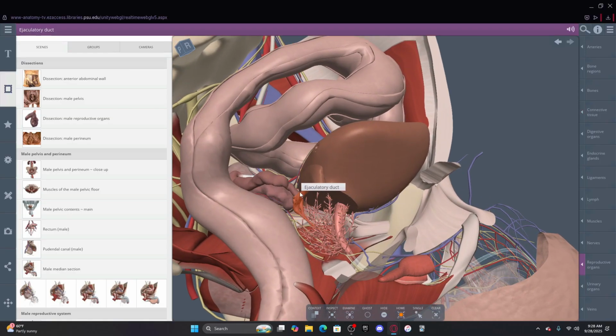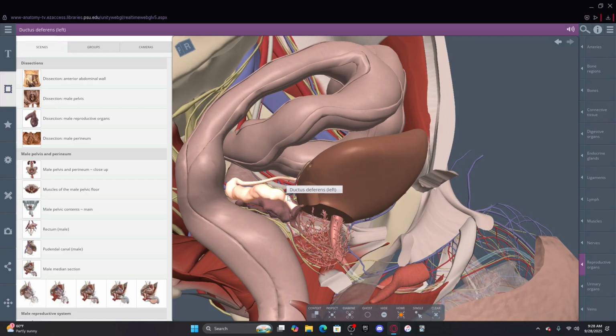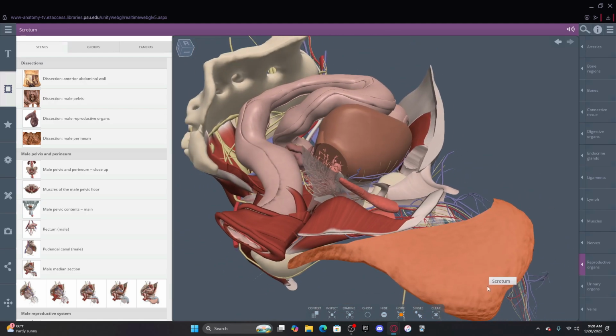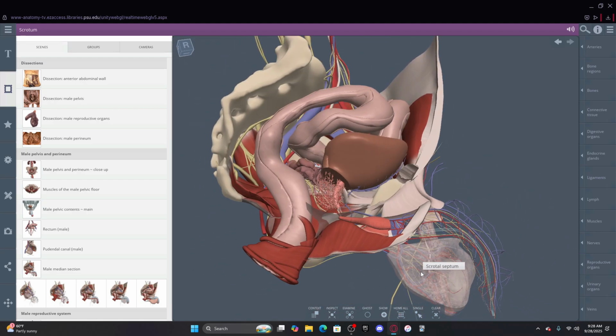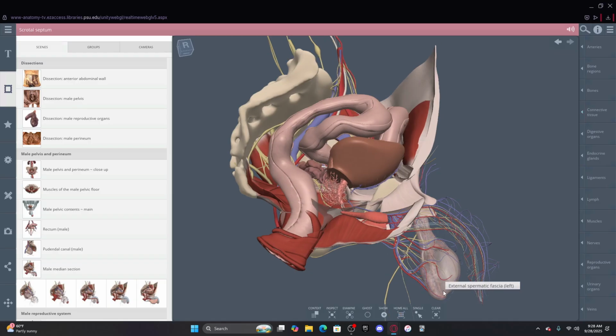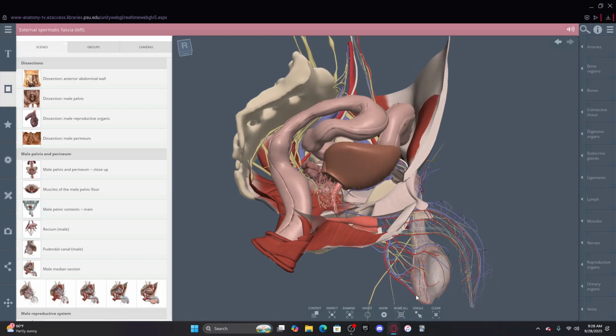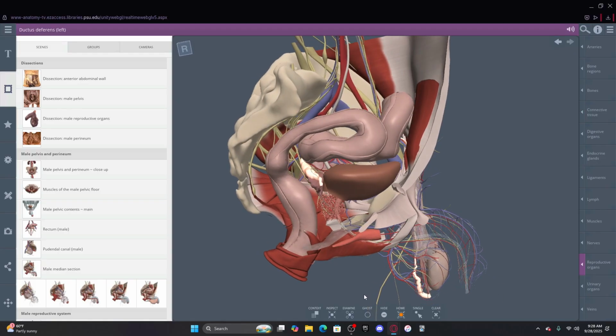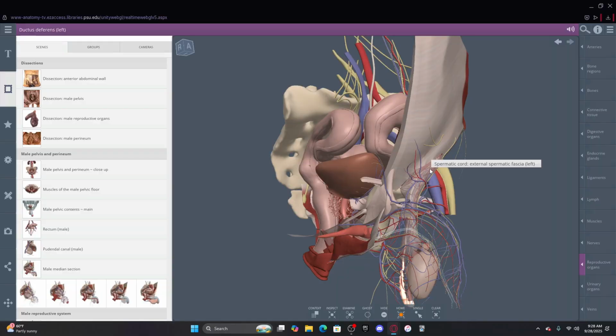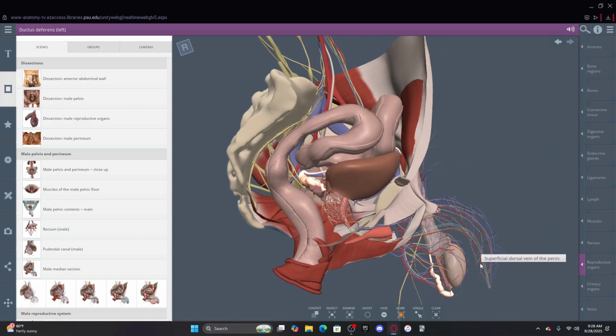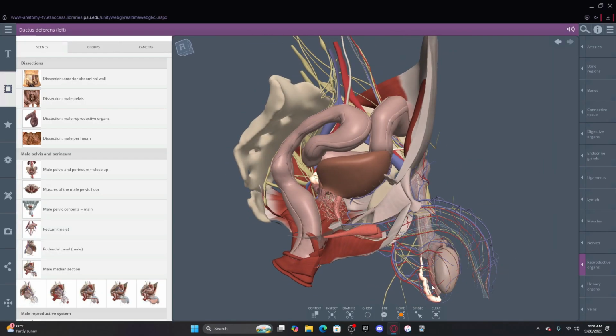And then we can see the convergence of the seminal vesicle and the ductus deferens. If I press on ductus deferens, we can see the ductus deferens going all the way to the scrotum. If I remove this part of the scrotum, you can literally see your ductus deferens going all the way through the inguinal canal, then the spermatic cord. You can see it turning into the epididymis, and then connecting directly to the testis.